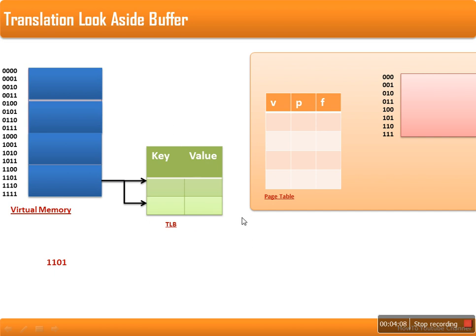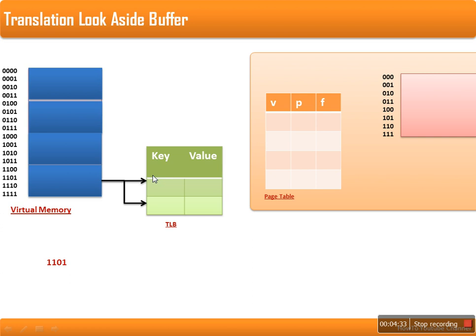Initially this cache memory is empty. If an entry is not found in the translation lookaside buffer, this is known as a TLB miss. If that page number entry is available in the TLB, it is considered a hit. There is no entry for page 3, so it is a TLB miss.